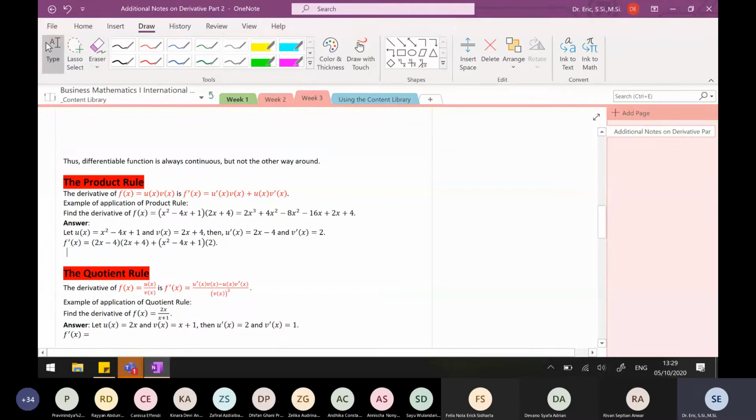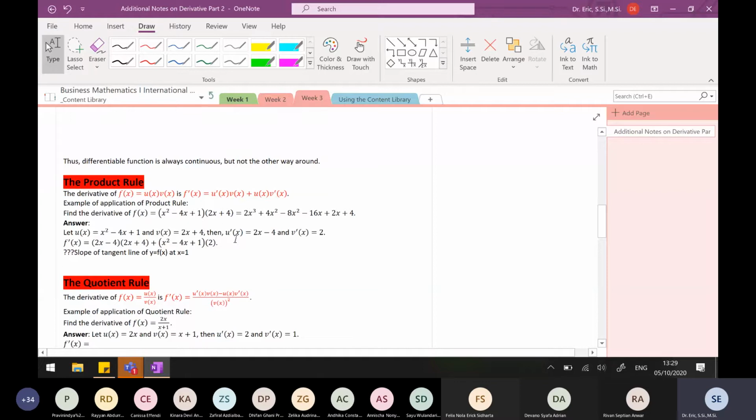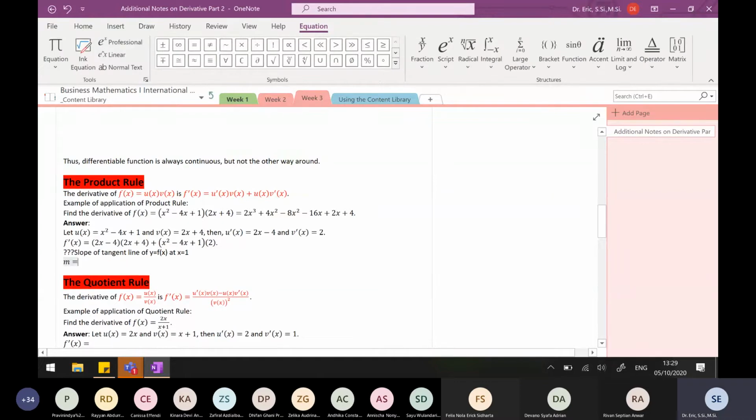And if you are asked, what is the slope of the tangent line of y equals f(x) at x equals 1? The slope is given by f prime of 1. You can just substitute: 2 times 1 is 2, minus 4, for the first one.